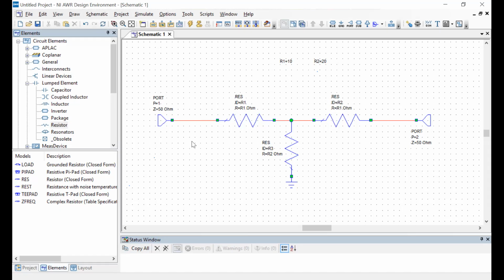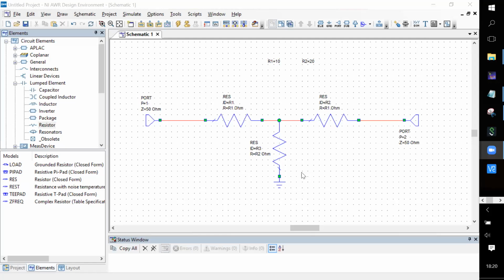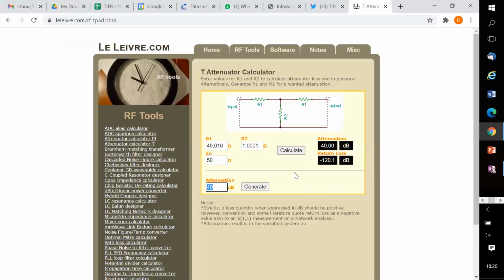I think right now I've shared only the Microwave Office screen, so let me stop and share the full screen. I want to show you a calculator which I found online, which allows you to compute what these R1 and R2 should be for a certain attenuator value.